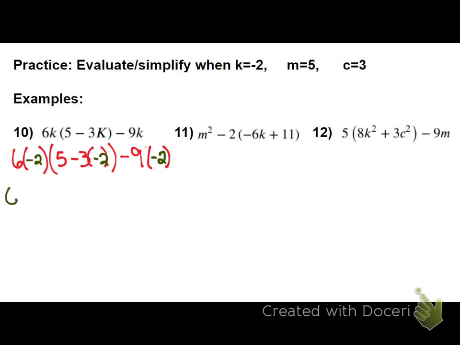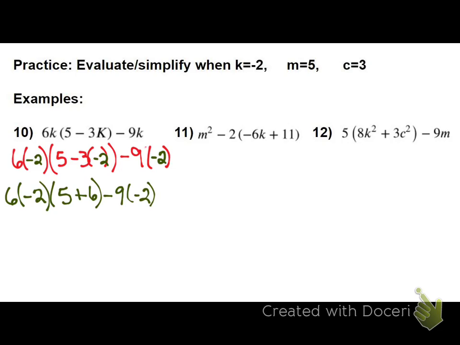So I'm going to rewrite this here. 6 times -2 times 5. What's -3 times -2? Positive 6. Okay? And now, do I still have a group of numbers within a group of parentheses?